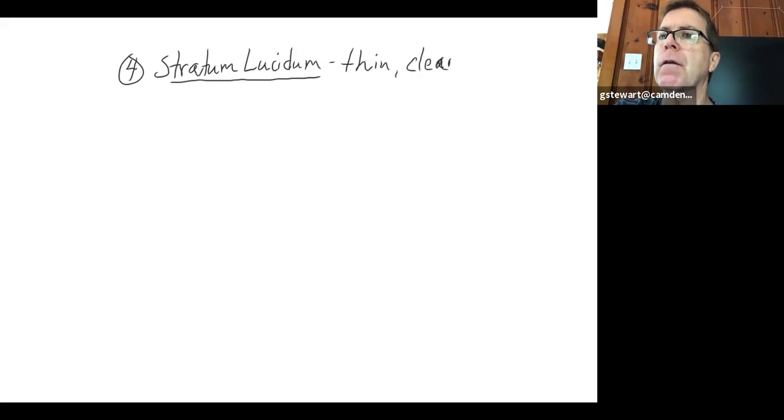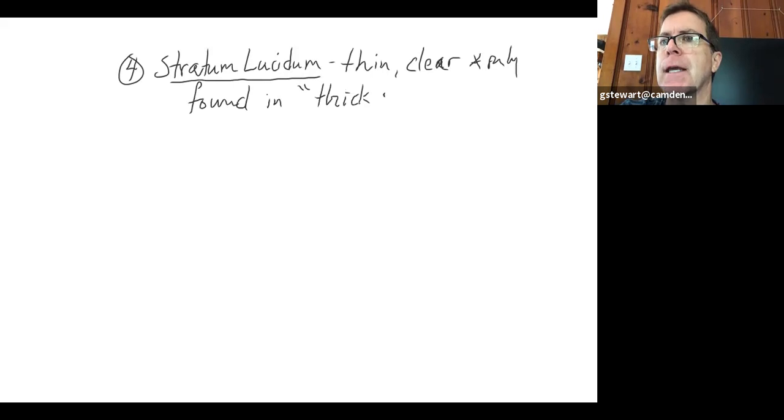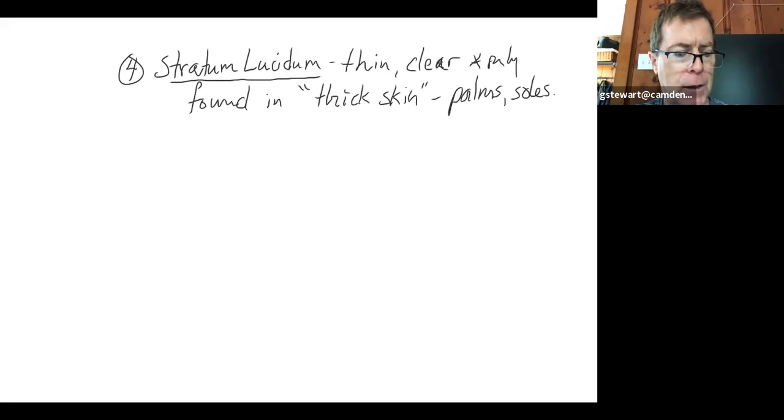It's a thin, clear layer, only found in what textbooks call thick skin. That's the palms of the hands and the soles of the feet. Okay, so we wouldn't find this layer anywhere else on the human body, but the palms and the soles.